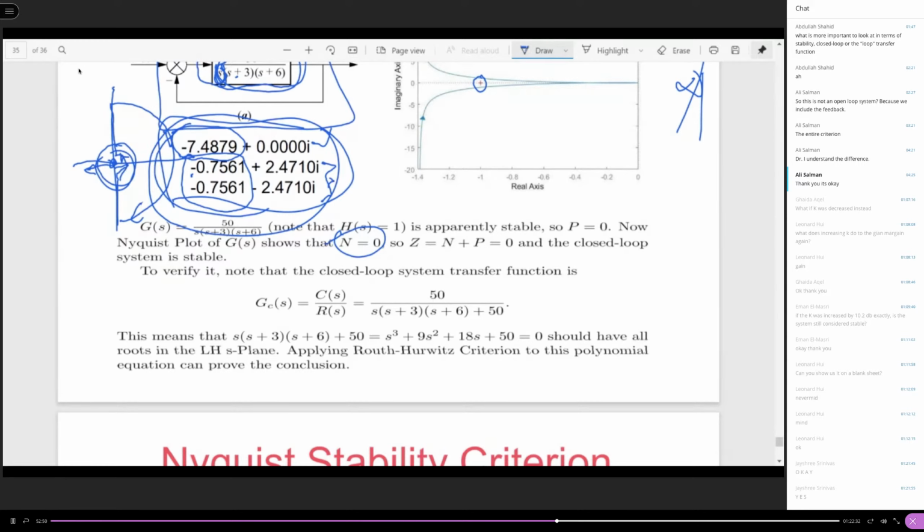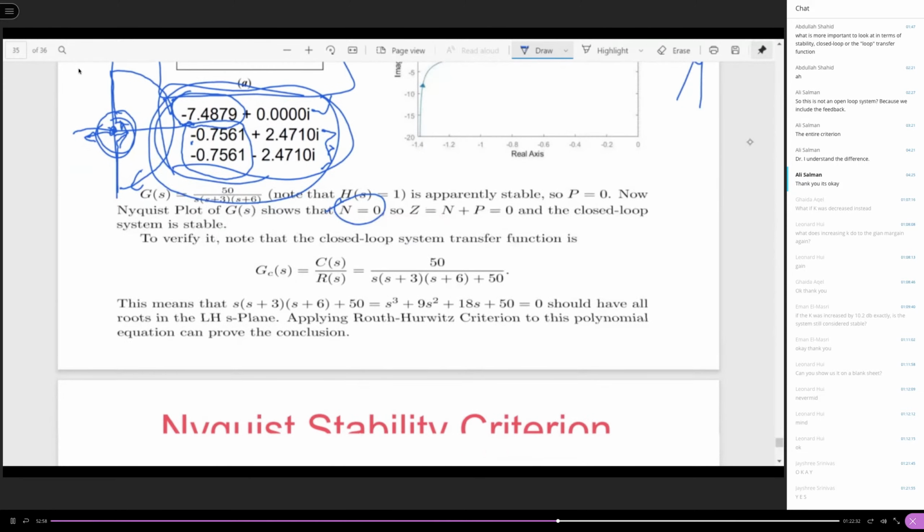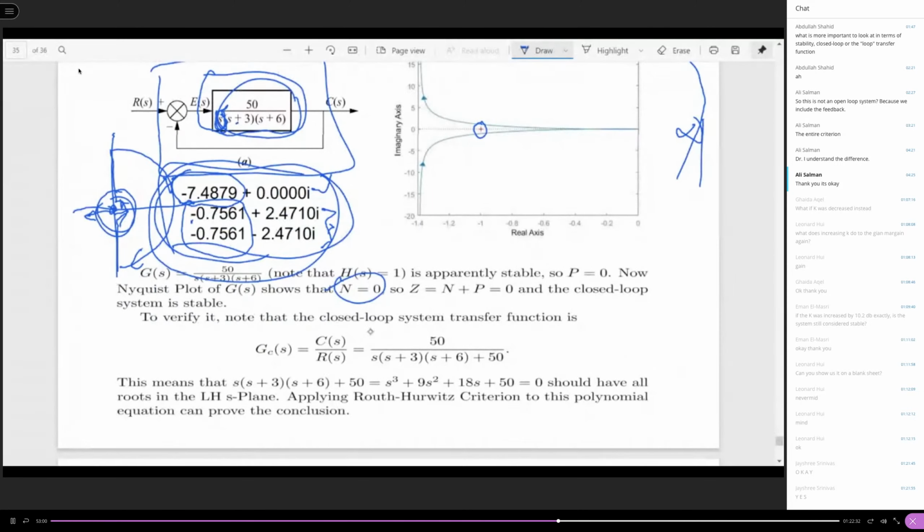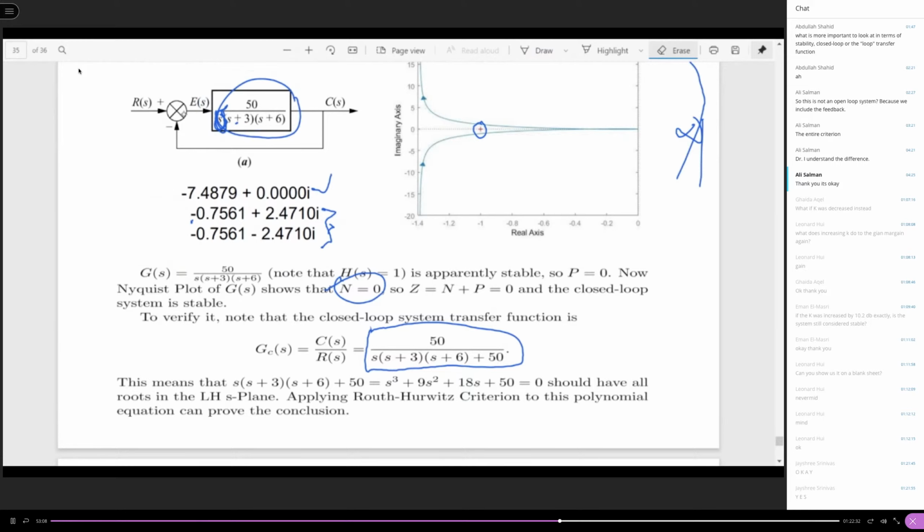If you want to use the Routh-Hurwitz criterion to verify whether the closed loop system is stable or not, you do need to derive the closed loop transfer function. You need to calculate this closed loop transfer function, which is here.